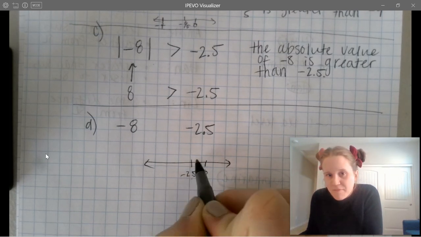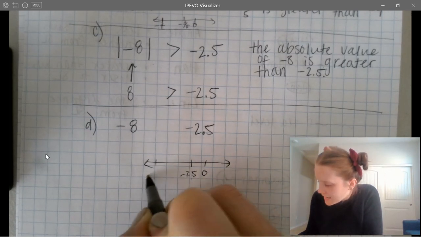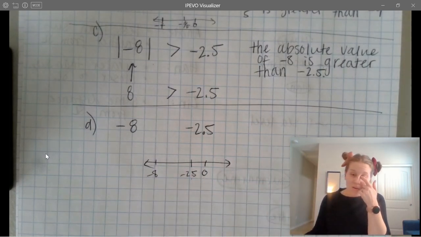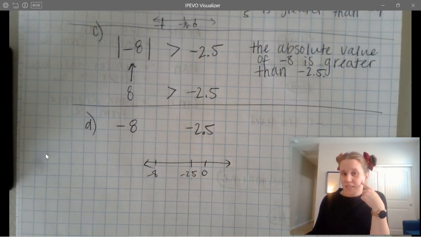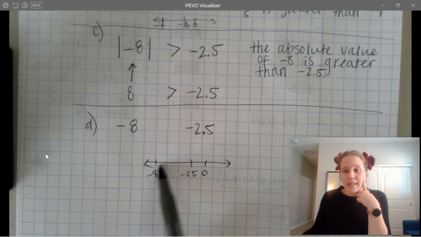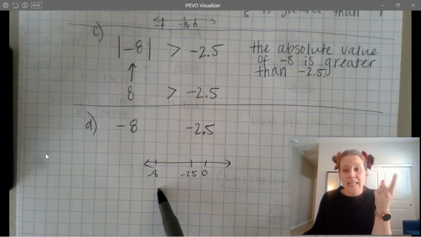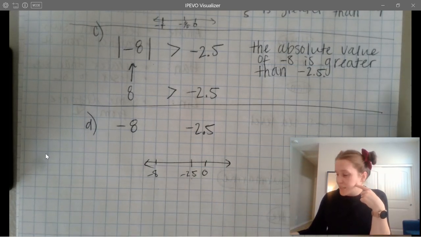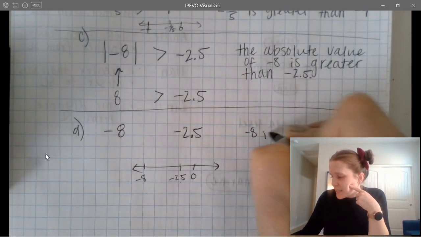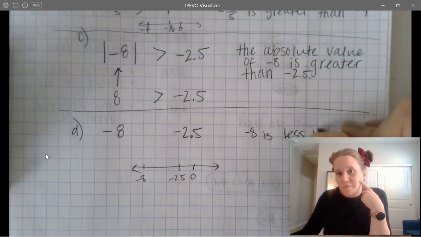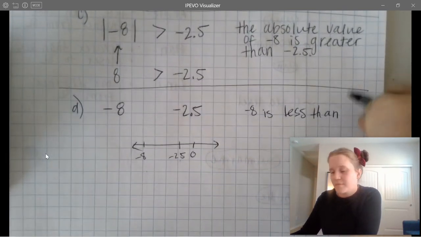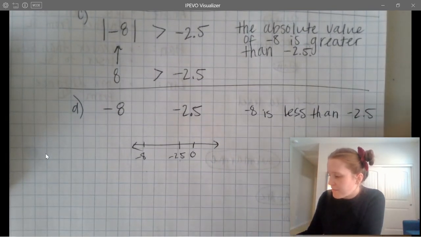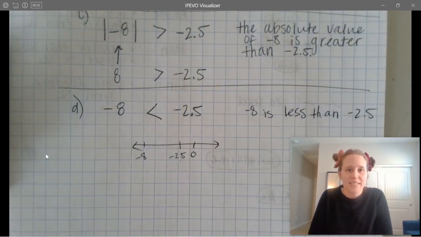I hit -2.5 first, and then I come all the way back here and I hit -8. So now I'm comparing their values, and I notice that -8 is farther to the left. That means it is less. So I know -8 is less than negative 2.5, and I'm going to throw a less than symbol into my statement.